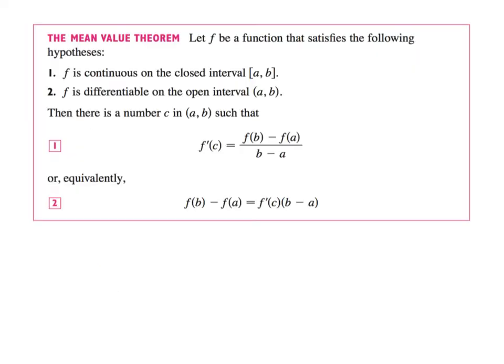So again, let's look at a more formal way of the mean value theorem here. So take a minute and write this down. So mean value theorem, again, is a lot like Rolle's theorem. It must be continuous over the closed interval. It must be differentiable over the interval, but I do not have to have y values that are the same.